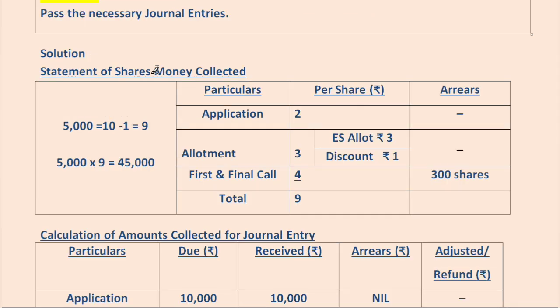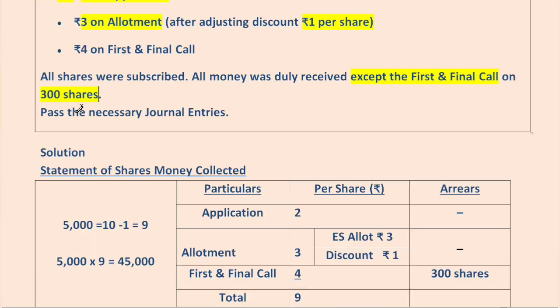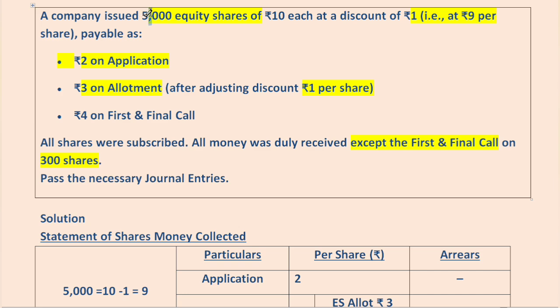Based on that, they are asking to prepare different kinds of journal entries. The first statement is a statement of share money collected, for reference. First, how many shares did the company issue? 5,000 shares.